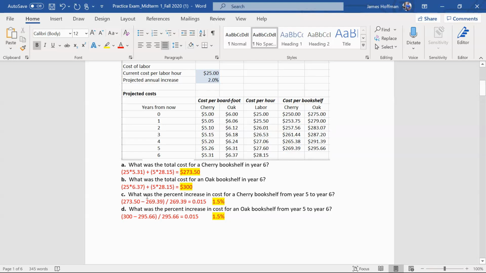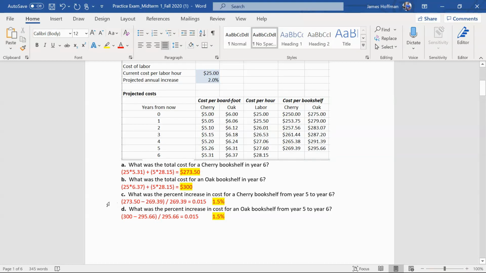In part C, what was the percent increase from year 5 to year 6 for cherry? You know now that it went from $269.39 to $273.50. The percent increase is the change over the original. Here's the new value, here's the old value.